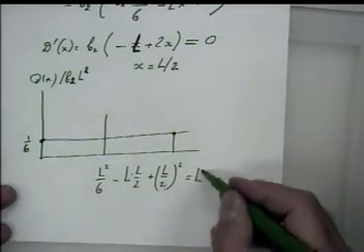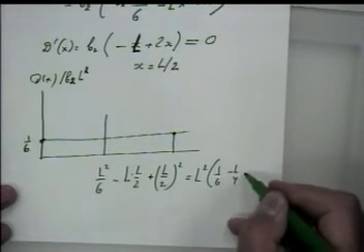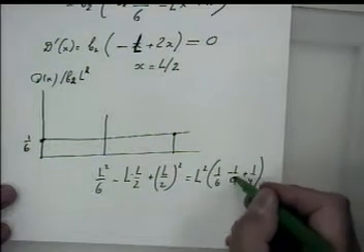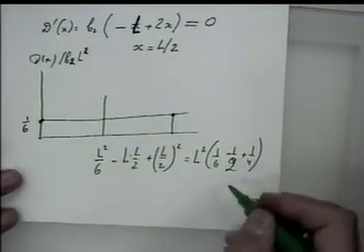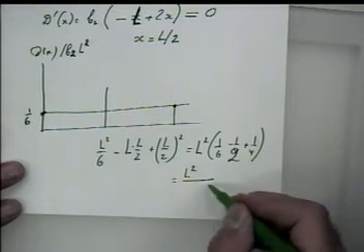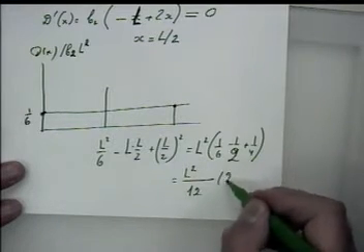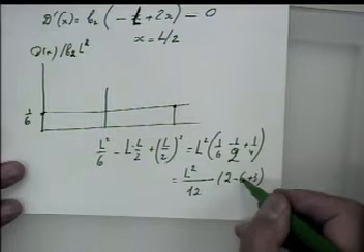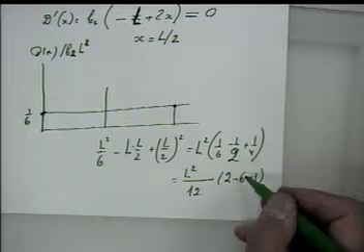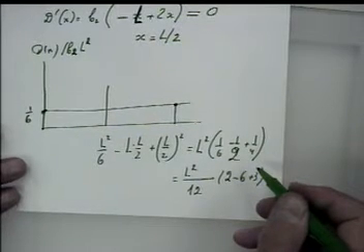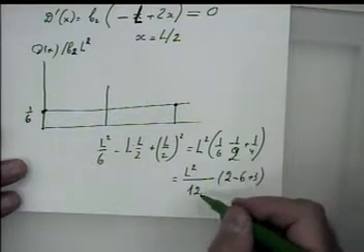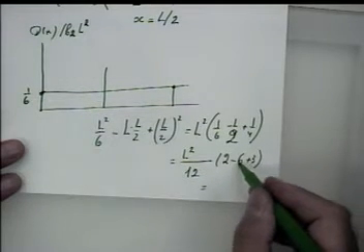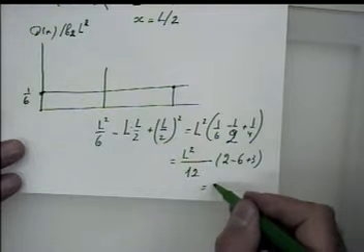So that will be L square, 1/6 minus 1/2 plus 1/4. What is this? Minus 1/12, yes?